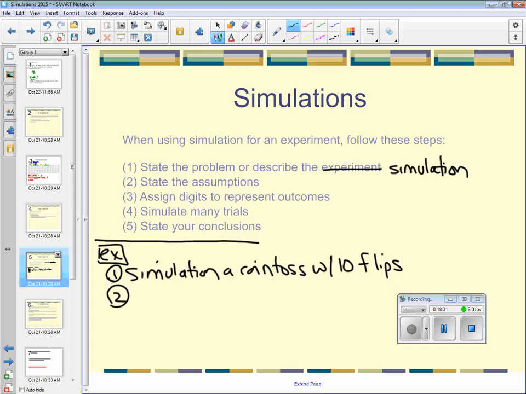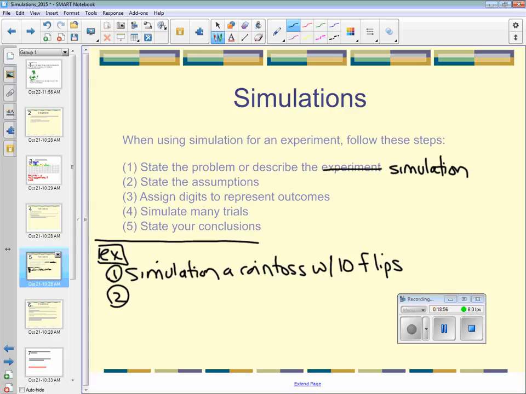Number 2, state the assumptions. What do we need to assume in this case? That the likelihood that each integer shows up is equally likely. That we have a fair coin. It's not bent. Heads is not going to come up more likely than tails.